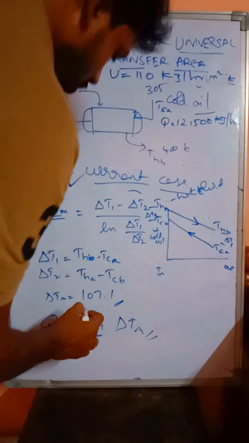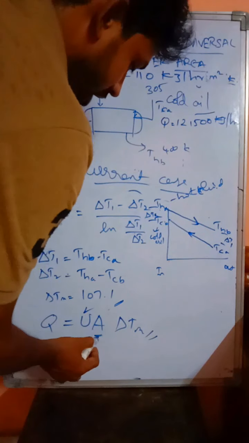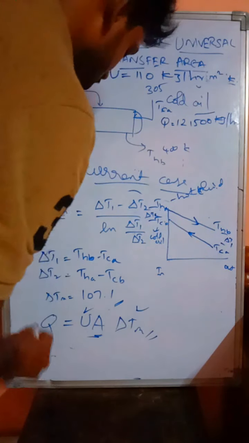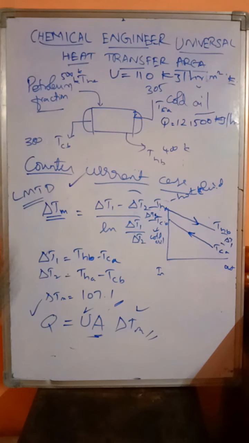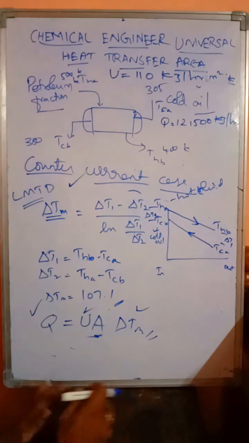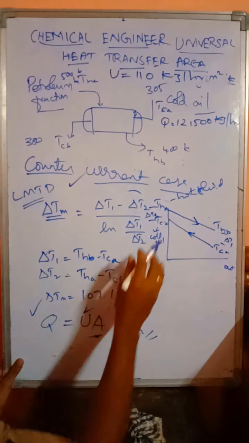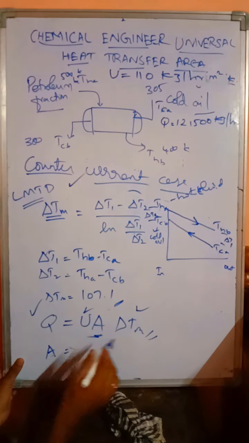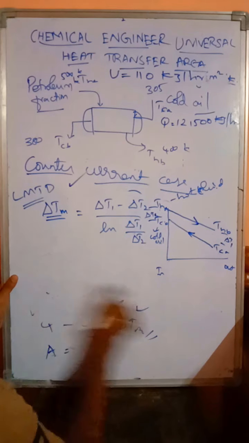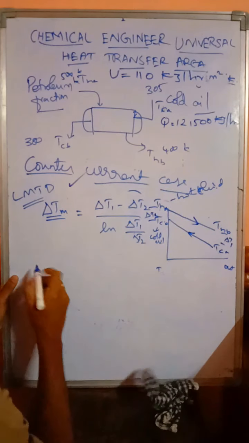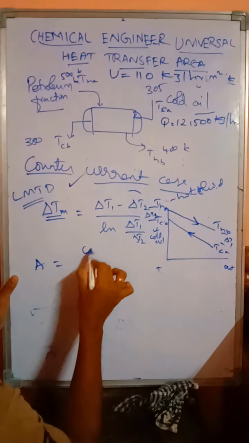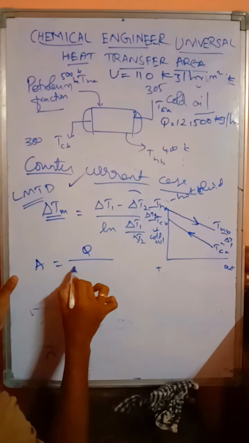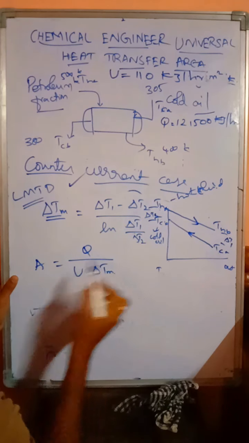So you have the U data, and you need to find area, and you have delta Tm also. You know the Q value also. So apply these values to find out the area. A is equal to Q divided by U delta Tm.